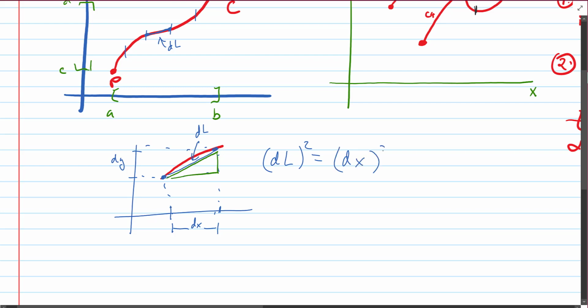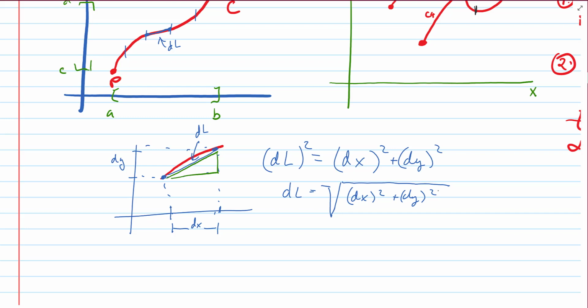So you get (dx)² plus (dy)². Or if I solve for dL, we get this expression that I'm going to use over and over again throughout the rest of this video: dL is equal to the square root of (dx)² plus (dy)². So at least for options 1 through 3, this viewpoint requires the Pythagorean theorem, and that's really what everything hinges on.